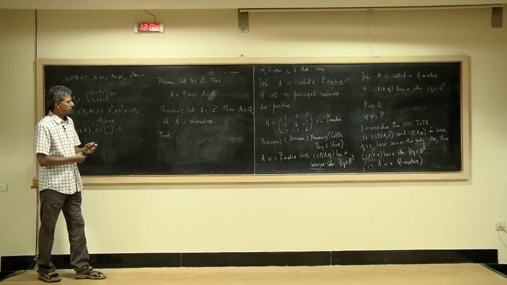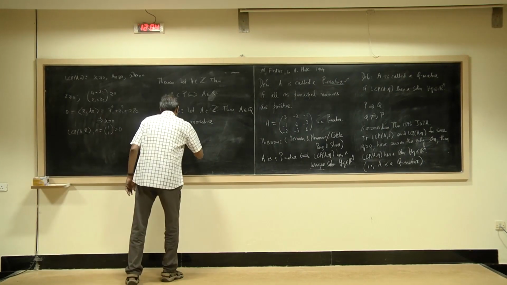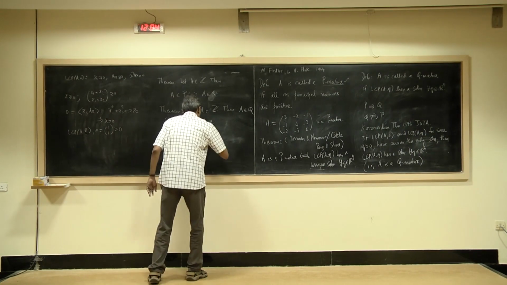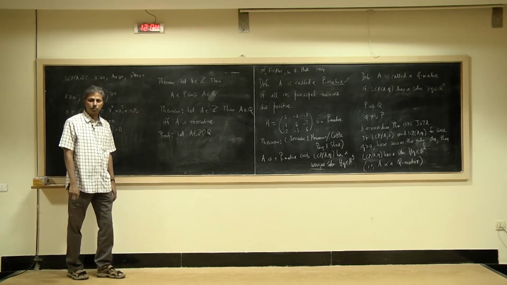I want to show that if A is Q, then A is monotone. Let A belong to Z and Q. We want to show A is monotone.